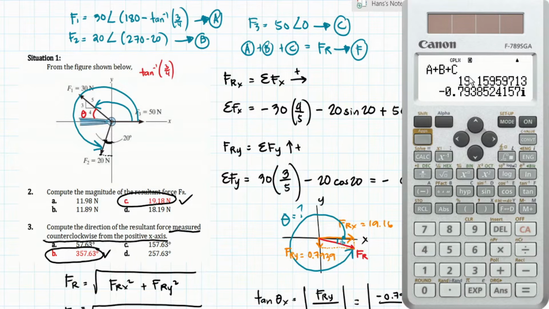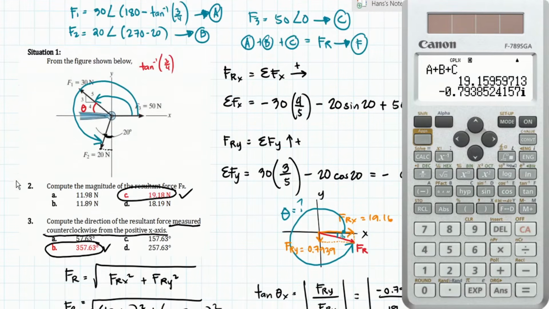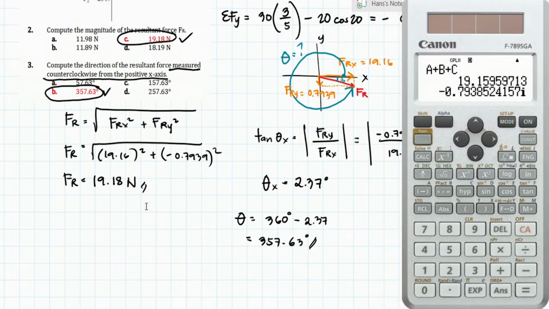So this one now corresponds sa ating resultant force. So yung first number is the horizontal component, FRx, which is, asan yan? So, may natakpan ng calculator. Pero ito yun, no? Yung 19.16. Tama ba? So, 19.16. And the same with the vertical component, negative 7939.